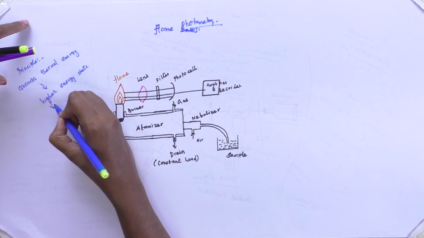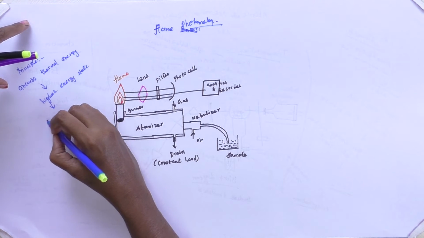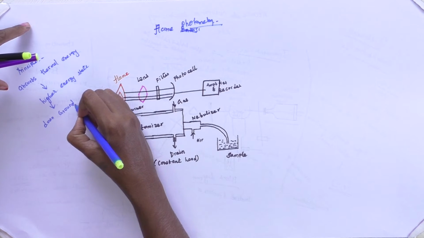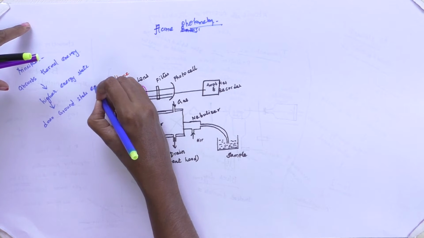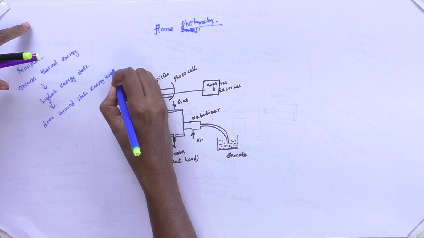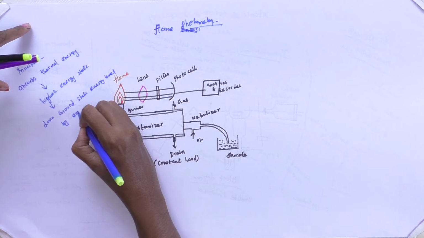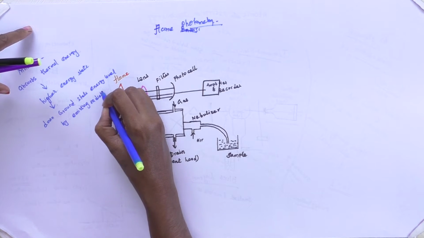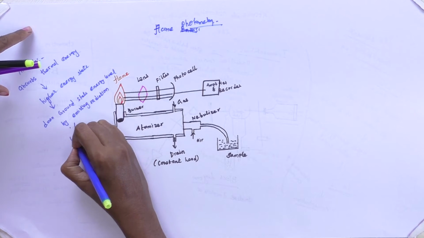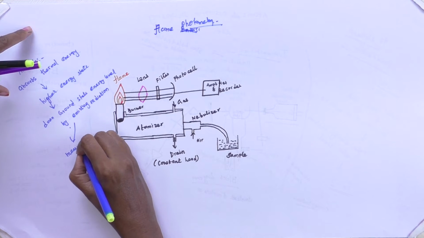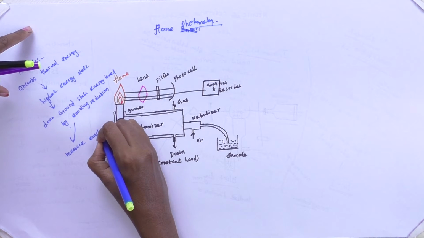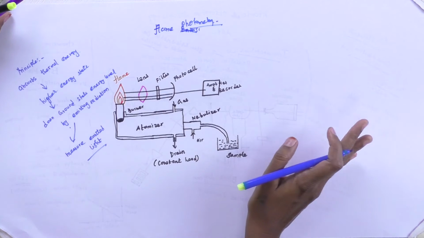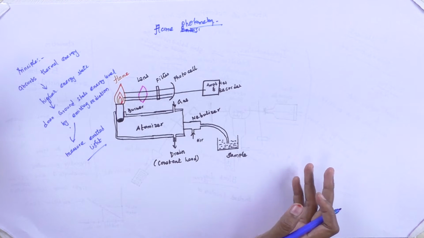After that it comes down to the ground state electronic energy level by emitting radiation. We have to measure the emitted light. So this is the simple working principle of flame photometry.